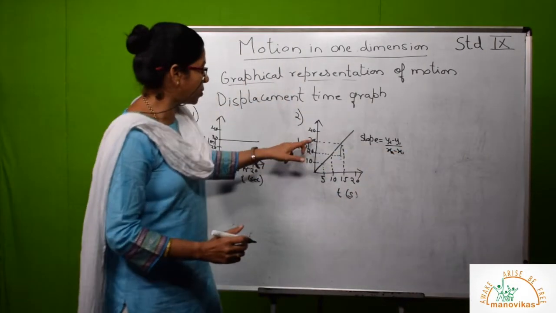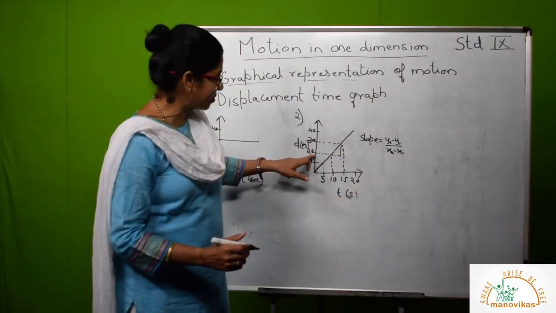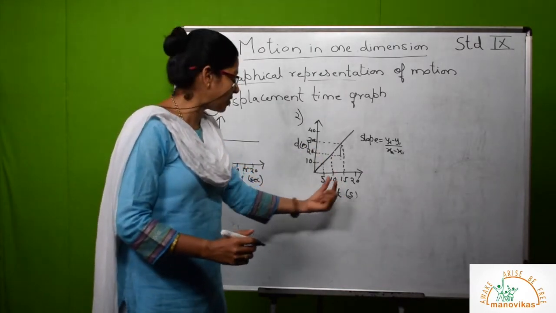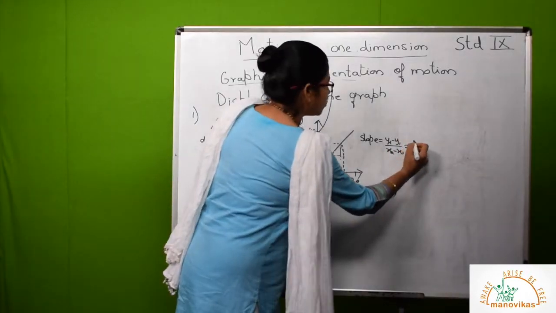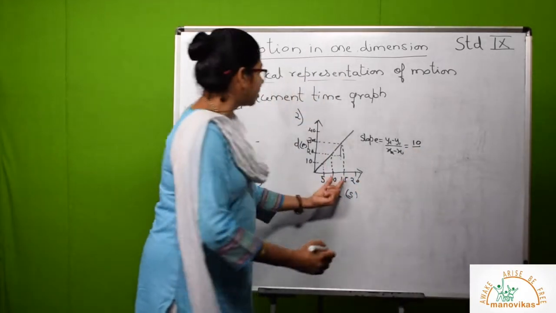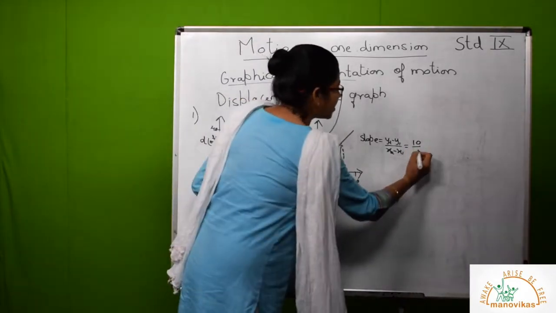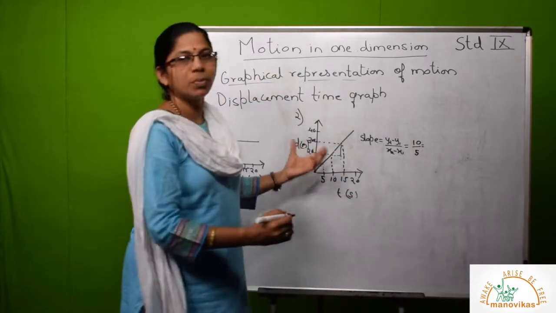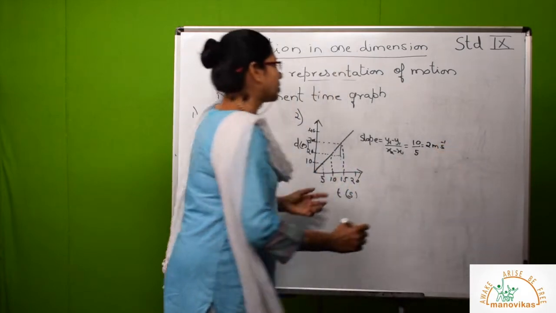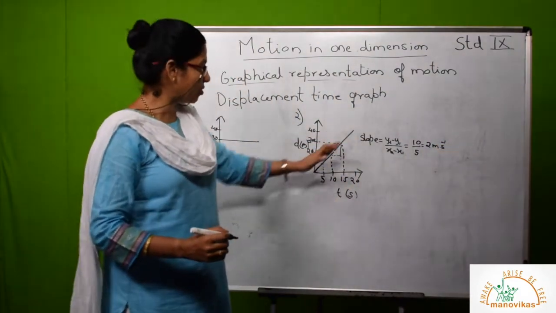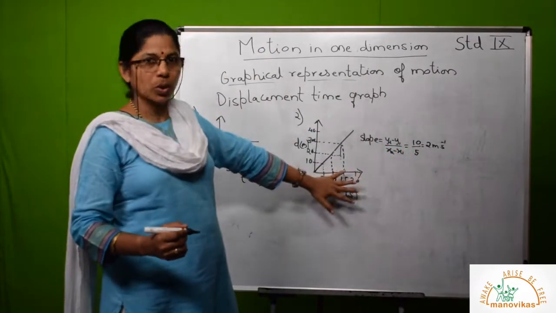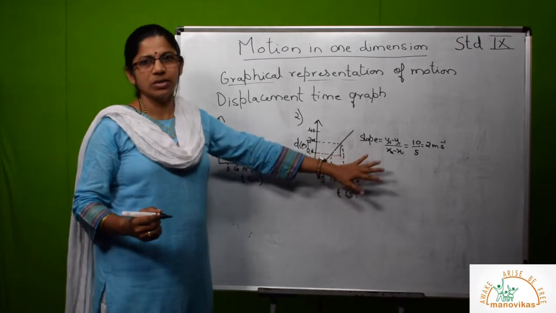So that is 30 minus 20 divided by 15 minus 10, which is 10 divided by 5. So you get the slope as 2 meters per second. So the velocity with which this object is moving is 2 meters per second, and it will be the same throughout. This is the second type of graph.